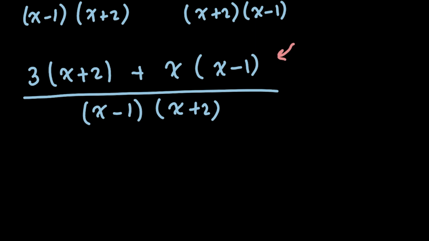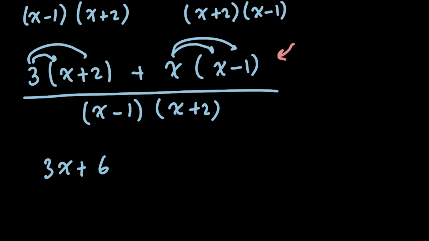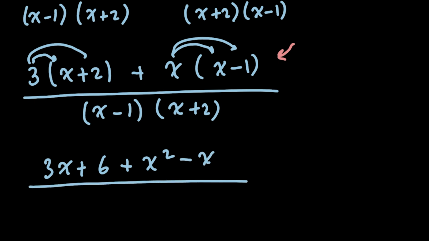We can just distribute this 3, so we'll have 3x plus 6, and we can distribute this x here, so we will have plus x to the power 2 minus x, all over this denominator here, so it's x minus 1 multiplied by x plus 2.